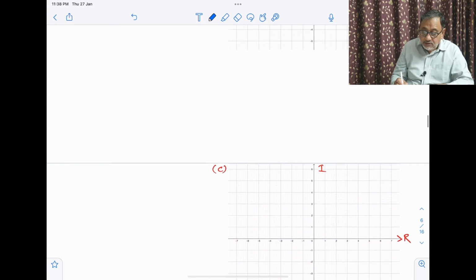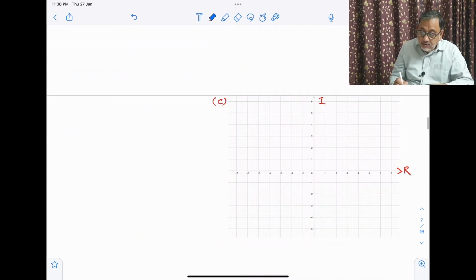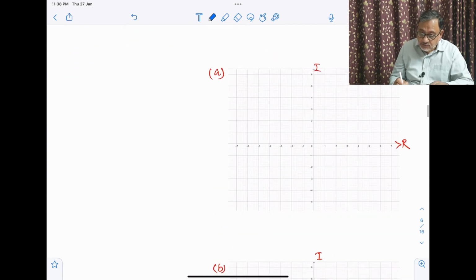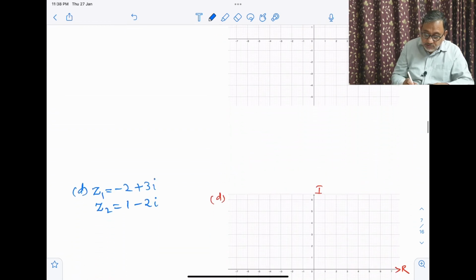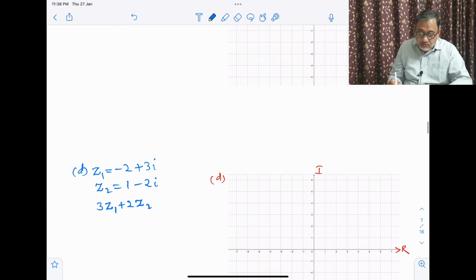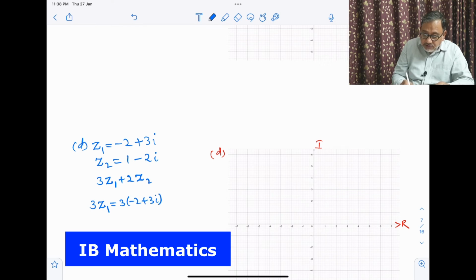So look here, what I have to represent: 3Z1 plus 2Z2. Now 3Z1: directly 3 parts of Z1 I have to represent. So 3 times minus 2 plus 3i will be negative 6 plus 9i.